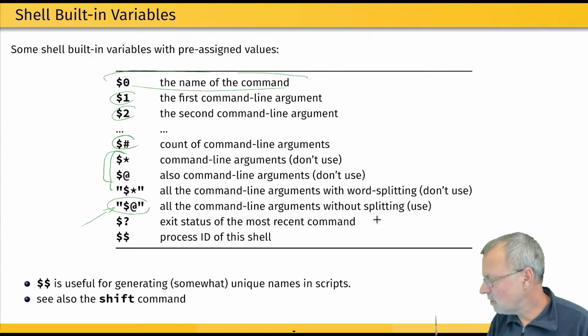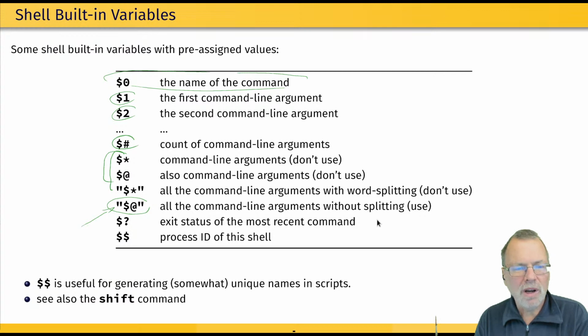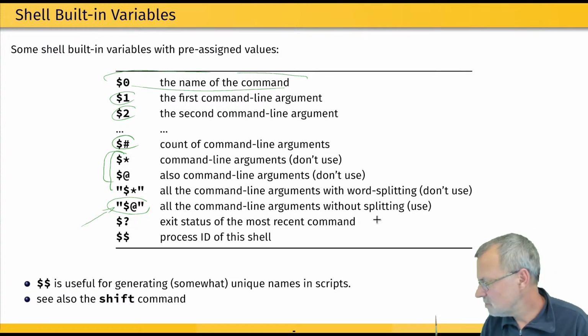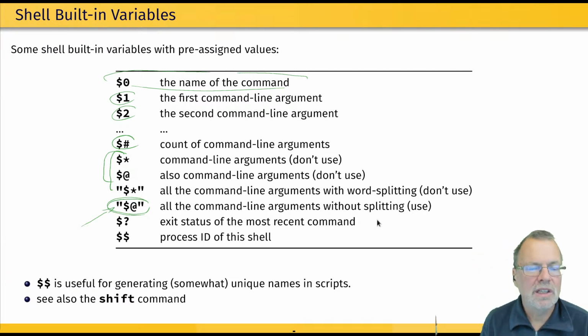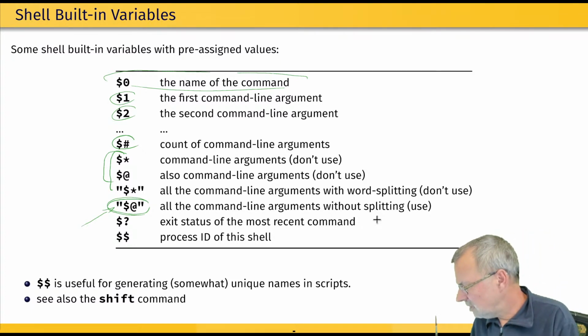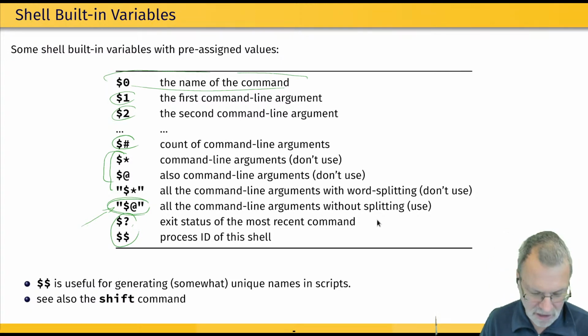Why you want to avoid word splitting is pretty obvious. Why this syntax avoids word splitting is less clear. But "$@" gives you the command line arguments. Process IDs are here. We won't need those for a while.